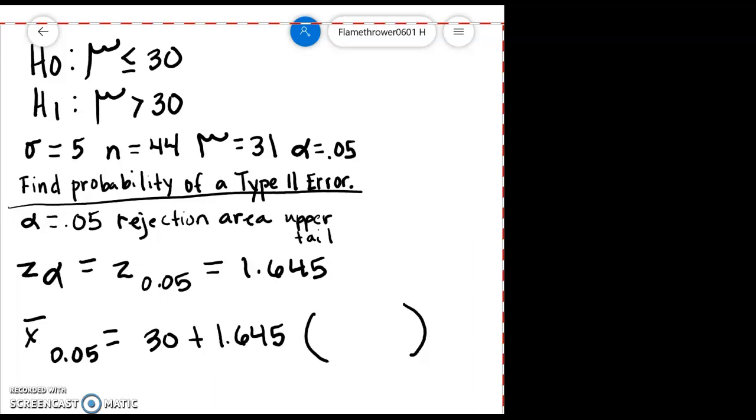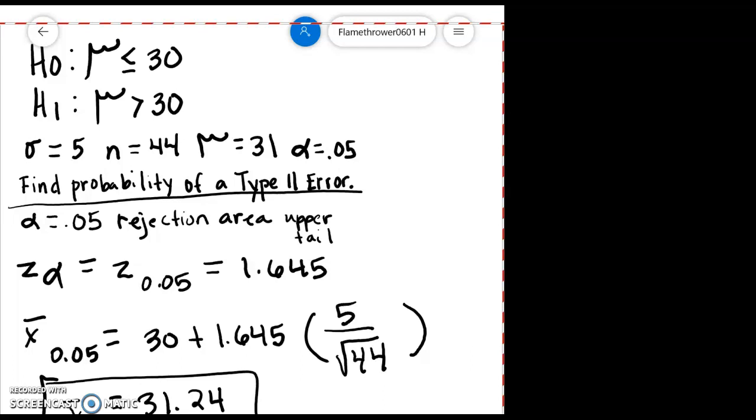And that is 5, that's given in the problem, divided by the square root of n, which is given in the problem, which is 44. So when you calculate that, you will get our critical mean value for 0.05 would be 31.24.